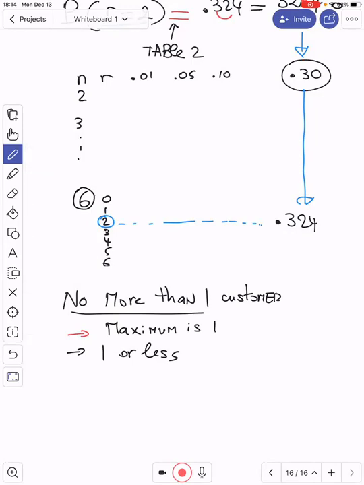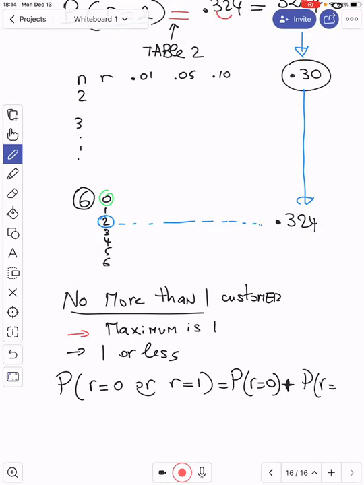As you can see here, R can be 0. So here we want the probability that R is 0 or R is 1. That will be the probability that R is 0, plus, because you have or, the probability that R is 1.